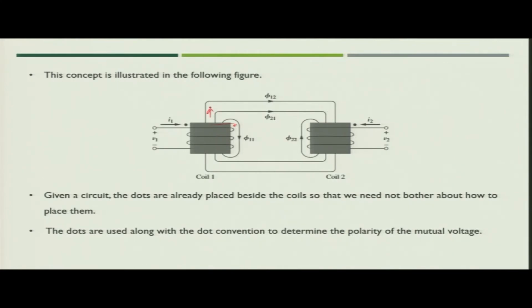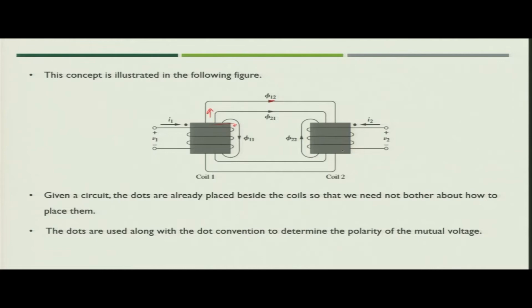So, this thumb direction will show you in what direction your flux is rotating. Here the current I1 is going inside, and you get flux phi 12 linking in the clockwise direction to coil 2.